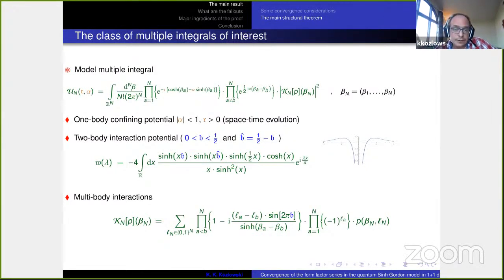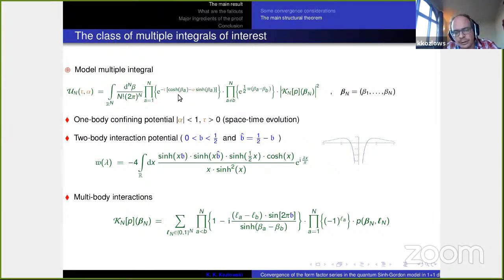So I was interested in the following n-fold multiple integral. This integral will arise as the n-th summand in the series representation for a two-point function in the Sinh-Gordon model. So it's an integral where one integrates over n variables beta 1 to beta n, running through R to the n. There's some combinatorial normalization, 1 over n factorial 2 pi to the power n.